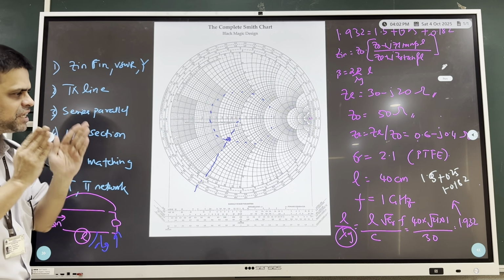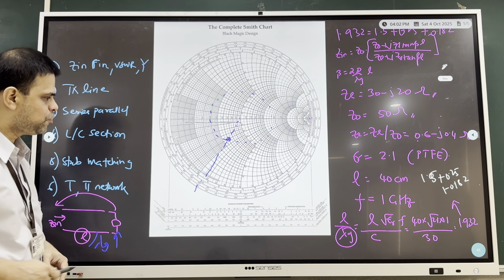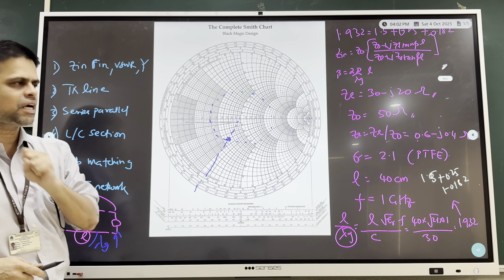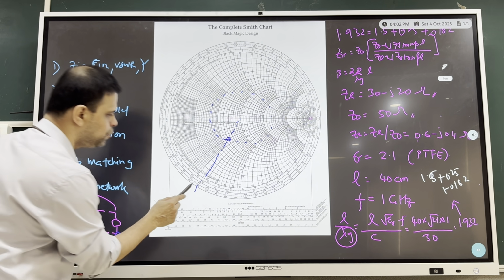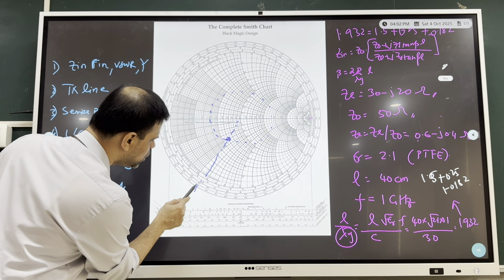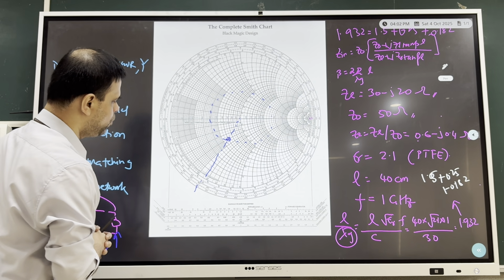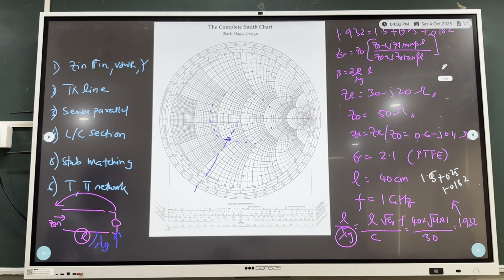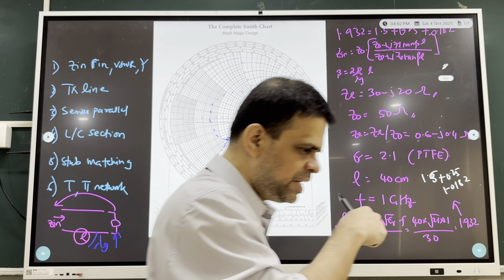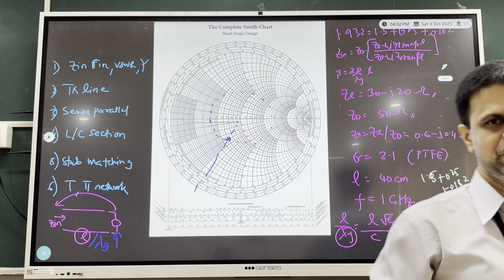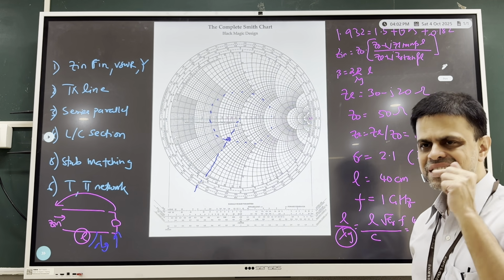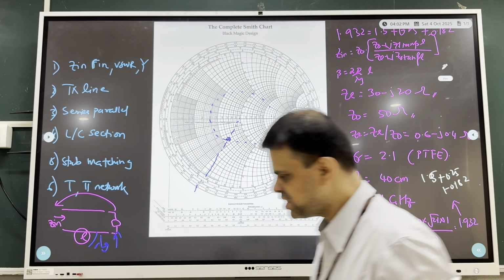So how much to move now? For that, first initialize the starting point. For that you are going to read what is written on the outer scale over here, that is the distance from the reference point, and you are going to refer to the scale for wavelength towards the generator.